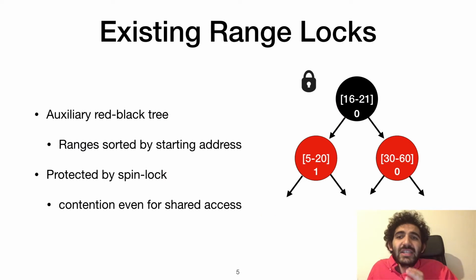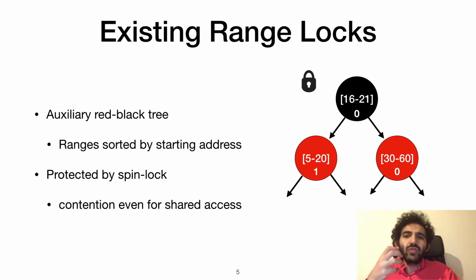However, existing range locks have several limitations. For instance, the range locks being proposed in the Linux kernel community rely on an auxiliary red-black tree data structure to store the ranges that are currently being held or requested.